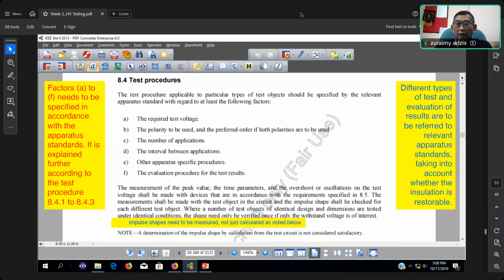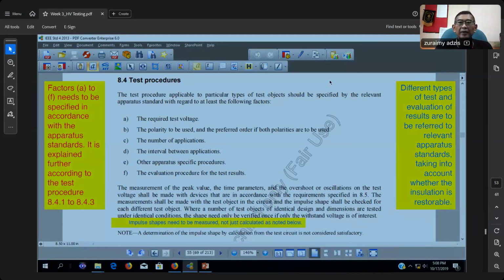Different types of tests and evaluation results are to be referred to relevant apparatus standards, taking into account whether the insulation is restorable. If the insulation is restorable, then there is a guide for that. All right, let's pause a bit.